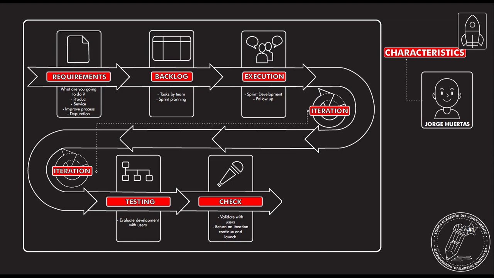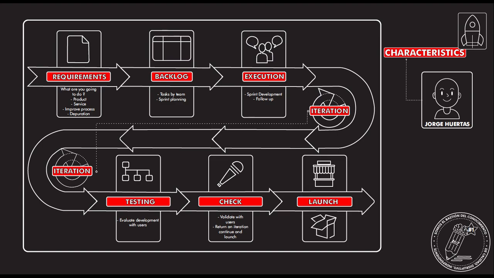Maybe you have to go back and return to an iteration to continue. So here you have two options. You say, okay, this is ready, I can go to the next stage. Or maybe you say, no, we have a problem, I have to go back, because that's very important. Finally, you have the launch. The launch is when you release the product, service, or business idea to the public.